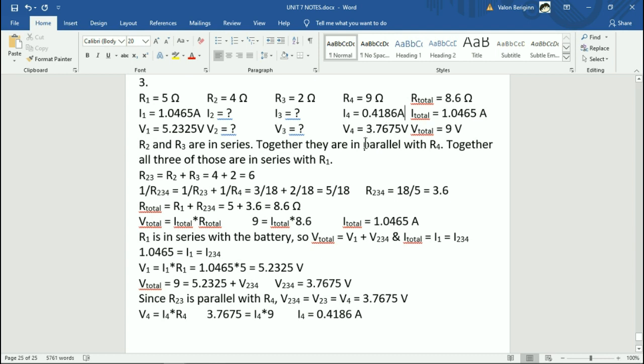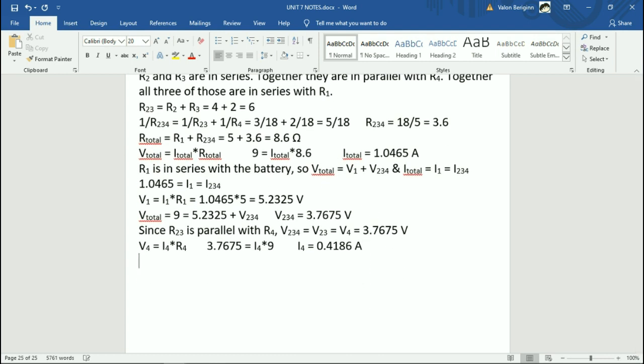Okay, so now, what's the current rule for things in parallel? Parallel rule: I234 equals the sum, I23 plus I4. Do we have I23? We do.